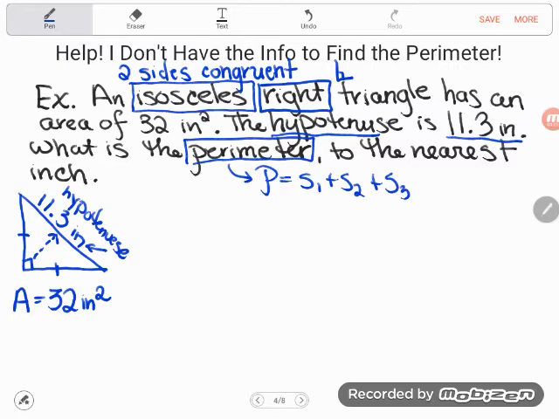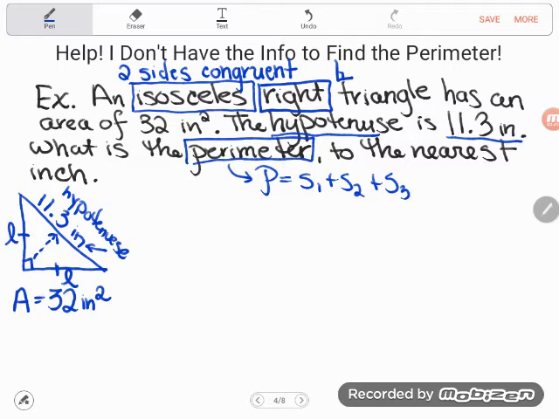Okay, so problem. I don't know the length of these legs, but here's what I do know. The two legs are equal length. That means I could use the same letter to stand in for both of them. When we don't know something in math, we'll use a letter to stand in for it. So that's what I'll do. I'll just use an L for leg, okay? So I have an L here, and I have an L there. And you might say, Kate, how's that going to help me? Well, I have a relationship.